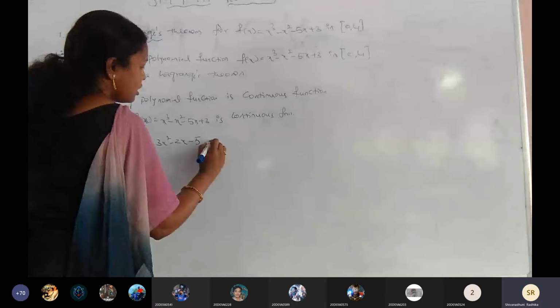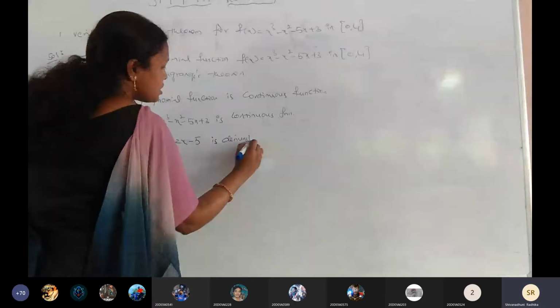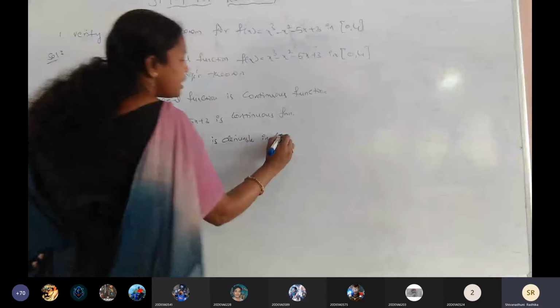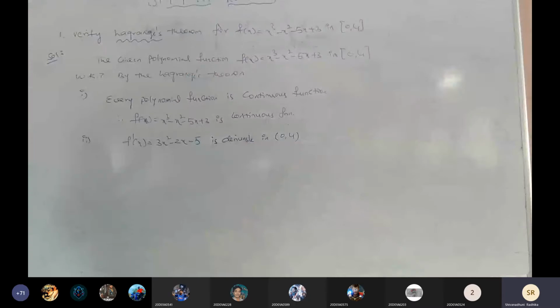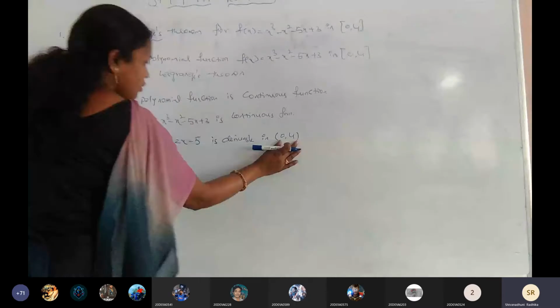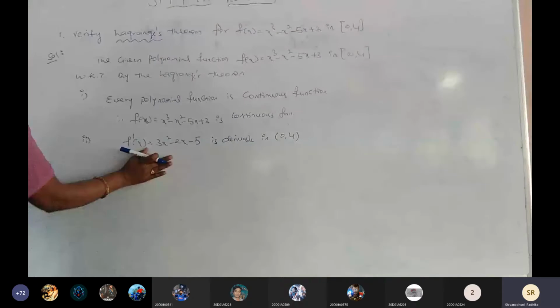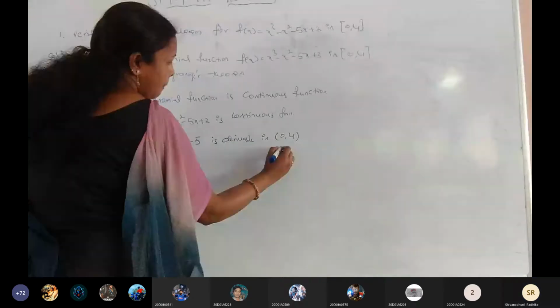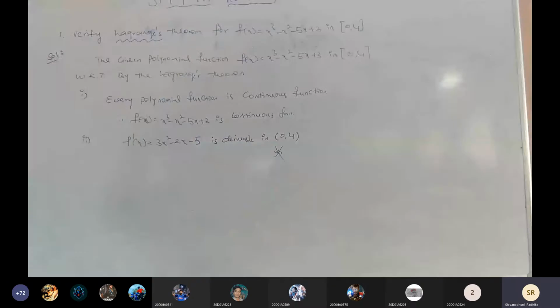It is derivable because it is a polynomial in the open interval 0, 4. If I substitute all the values between 0, 4 in the given polynomial f dash of x, we are not getting any infinite value. So this is a derivable function.